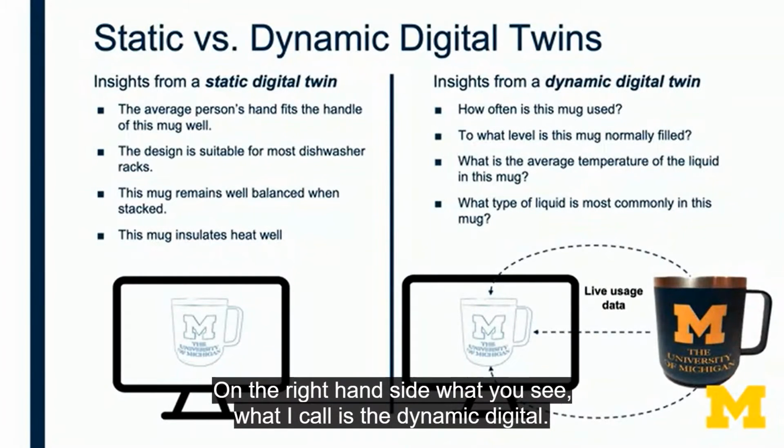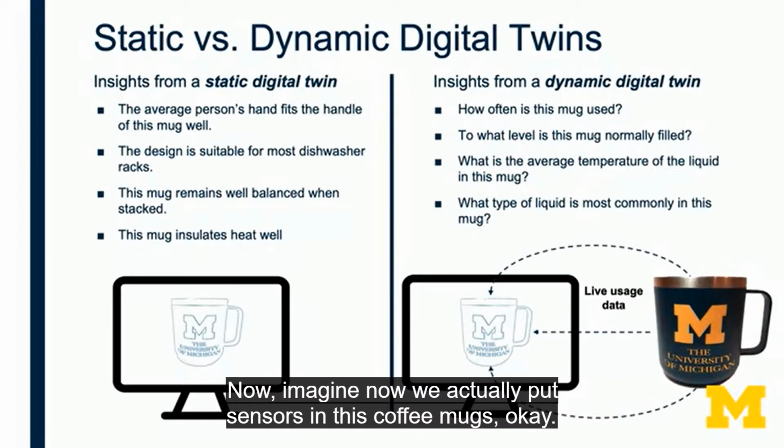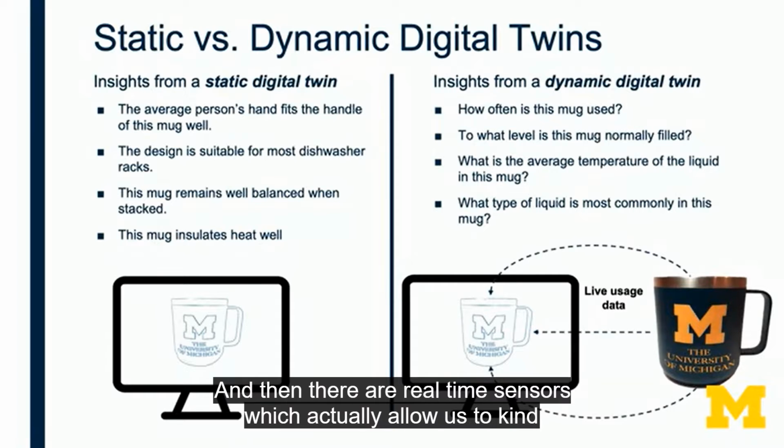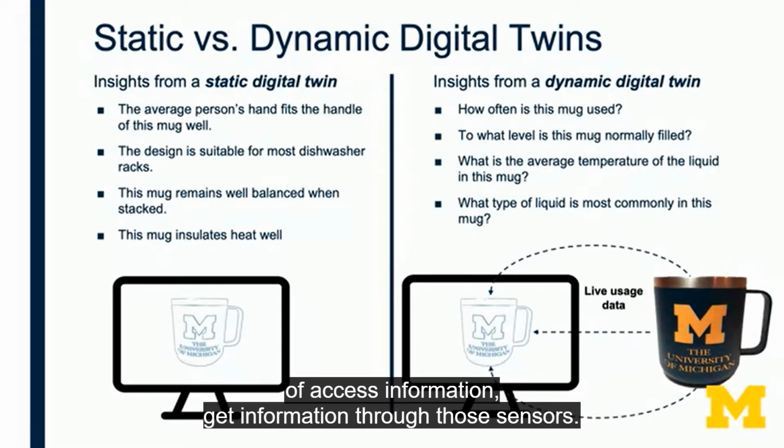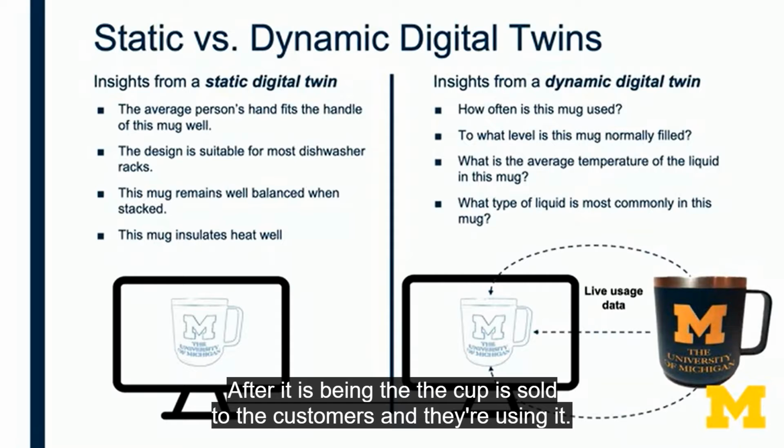On the right-hand side, what you see is what I call the dynamic digital twin. Now imagine we actually put sensors in these coffee mugs. These are real-time sensors which allow us to access information after the cup is sold to customers and they are using it.